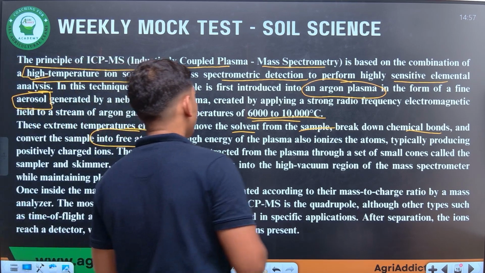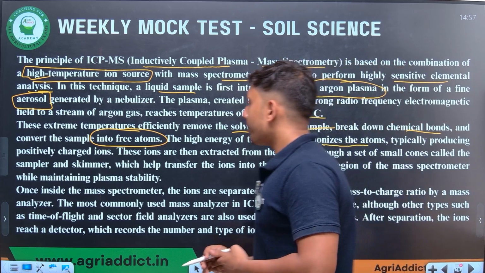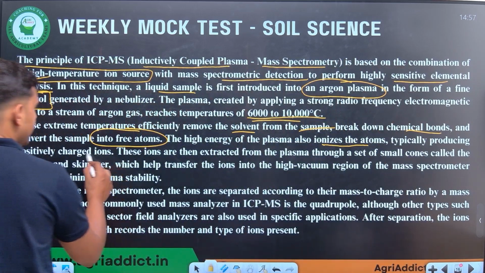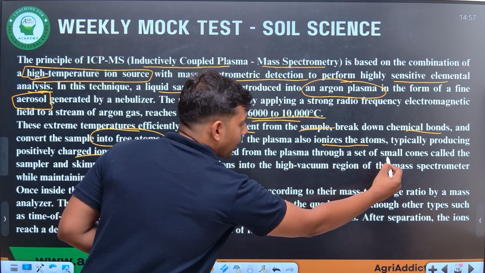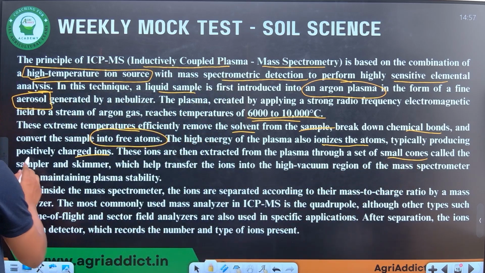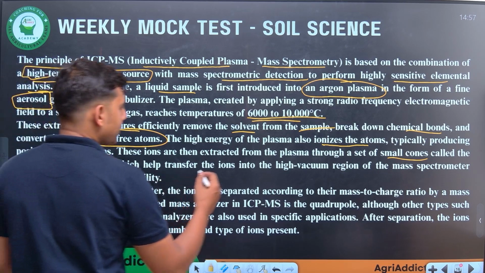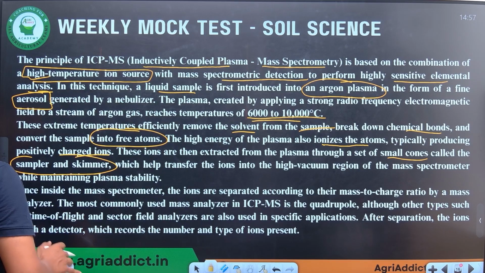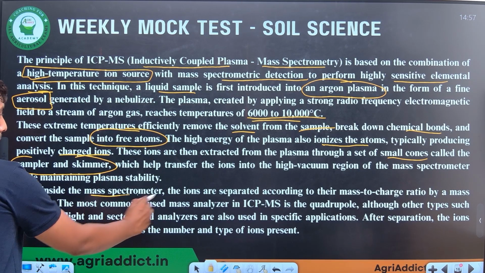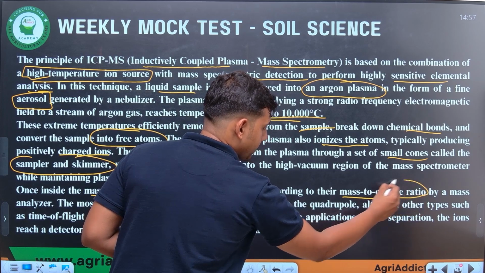This high energy of the plasma also ionizes the atoms, typically producing positively charged ions. These are then extracted from the plasma through small cones. These cones are also known as sampler or skimmer, which help transfer the ions into the high vacuum region. Once inside the mass spectrometer, the ions are separated according to the mass to charge ratio.